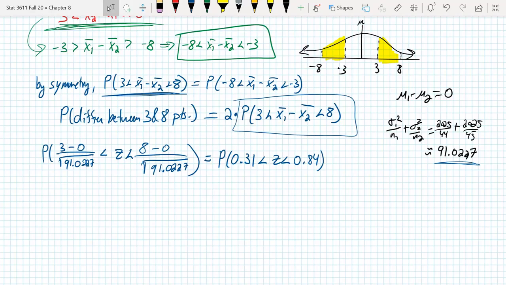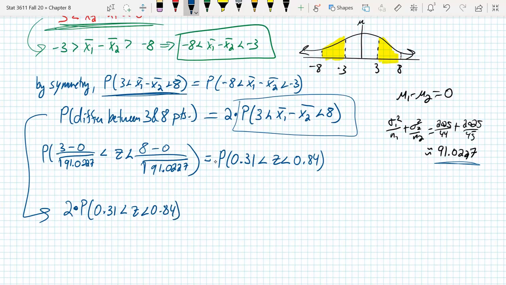Looks good. And so now we're going to look for this probability here, which we can do in the normal tables. So continuing to answer this question then, this is equivalent to twice the probability that we have a standard normal random variable that is between 0.31 and 0.84.